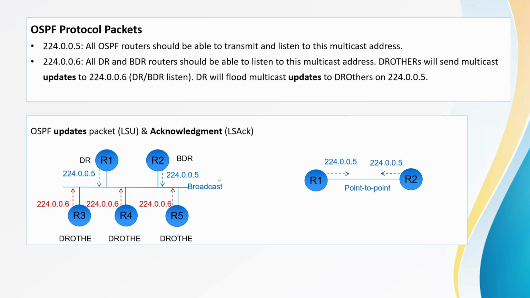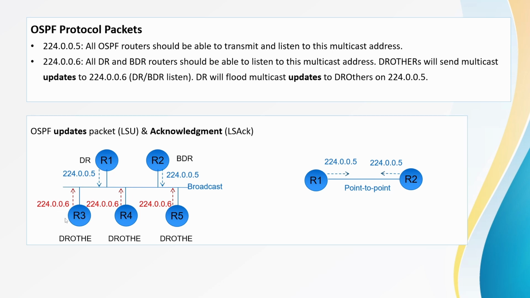Since it is a broadcast network, there is a DR and a BDR. Except for the DR and BDR, the rest of the routers are DR others. If the DR or BDR needs to send OSPF updates to all the routers, the DR will send the packet toward the destination address 224.0.0.5 on the broadcast network. So all the DR others will receive it.